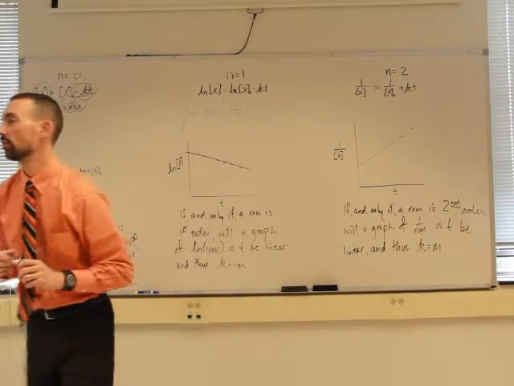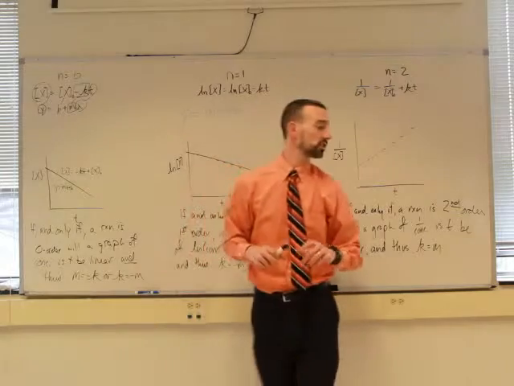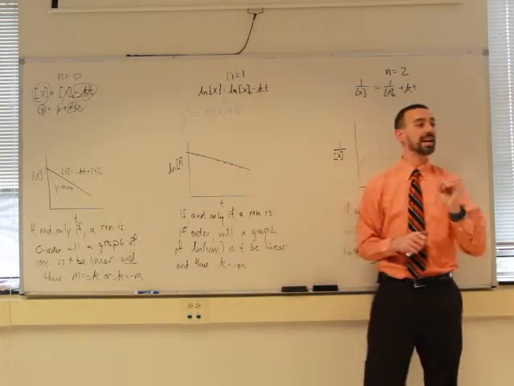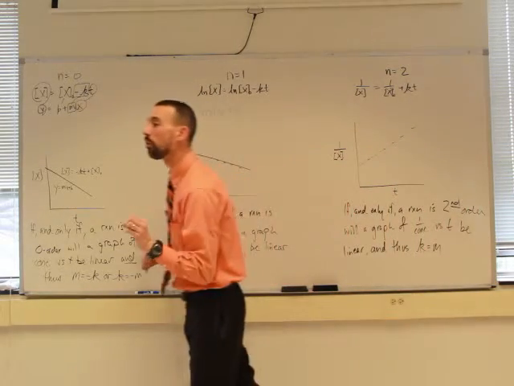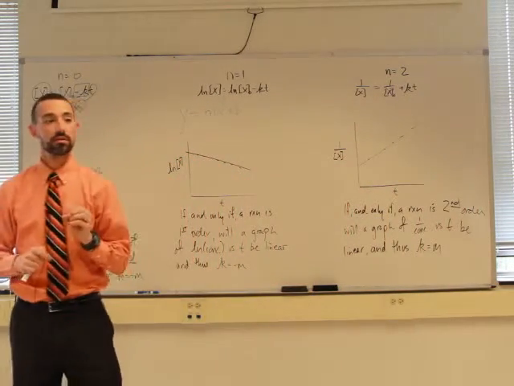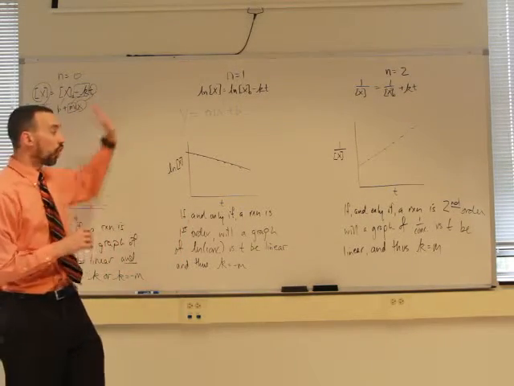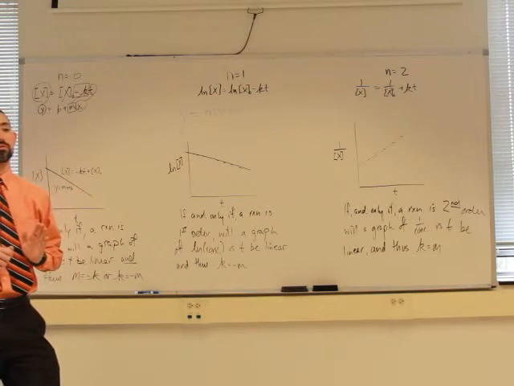Now, how does this help us? Sort of related to the question that we had earlier from James. A reaction's order cannot change, and it can be only one value. Therefore, a reaction can match only one of these three potential possibilities.